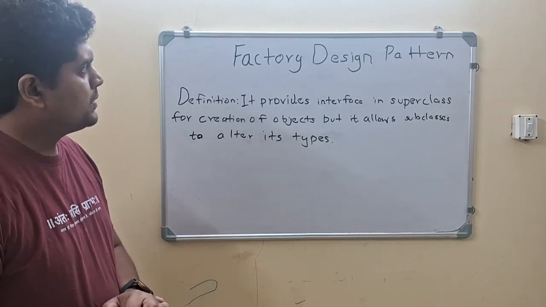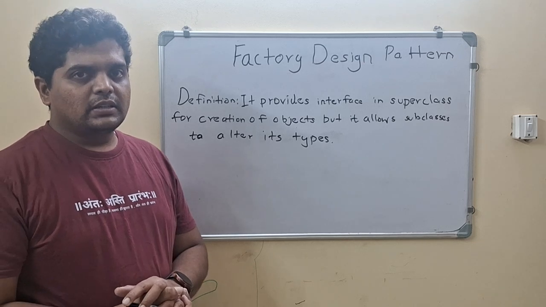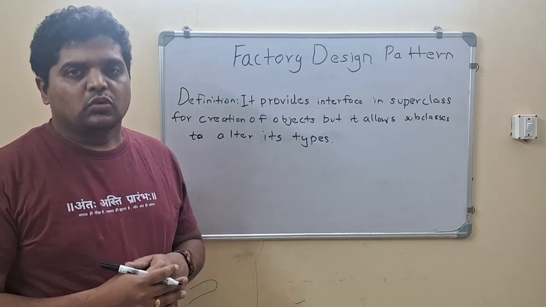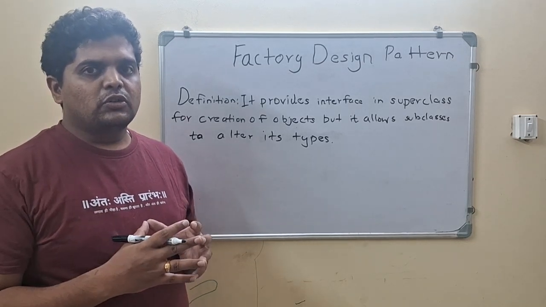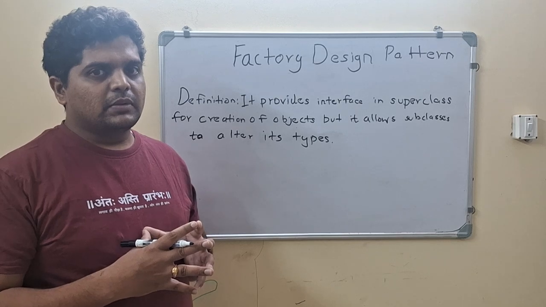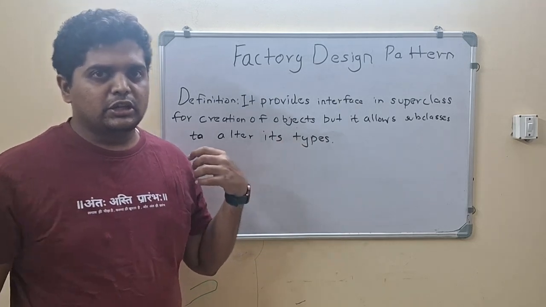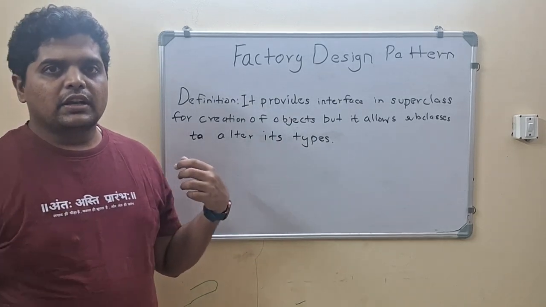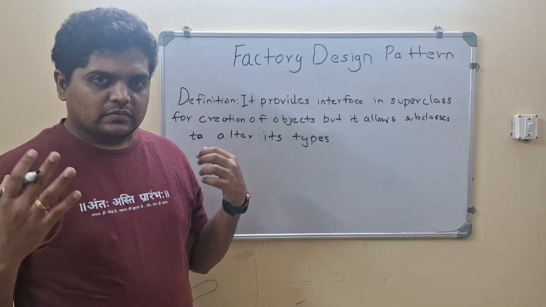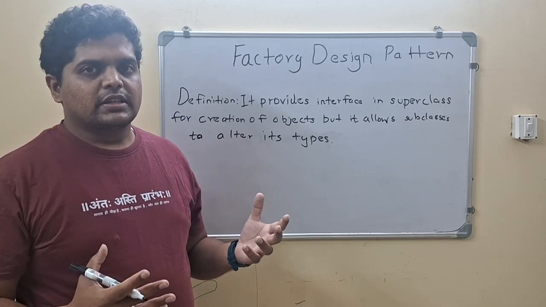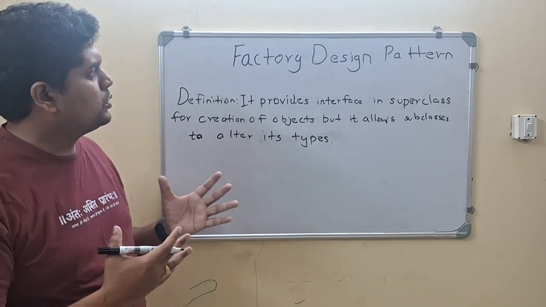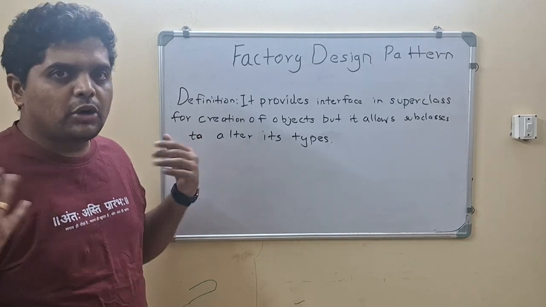As per the word factory, you might know that a factory is basically meant to create multiple things, be it a commodity, a unit of cars, or any kind of items. So over here you literally create multiple objects.